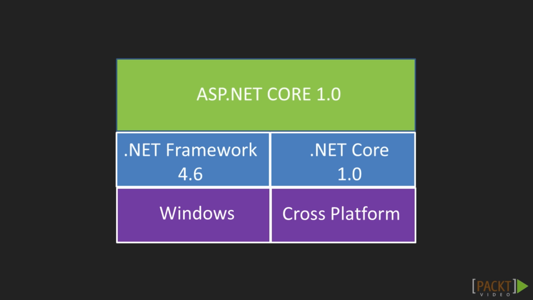ASP.NET Core is a free and open source web framework, and it's really the next generation of ASP.NET that's developed by Microsoft. Now, one of its main features is the fact that it's open source and also cross-platform. There's a lot more to it, but we're going to be focused on the fact that it's cross-platform, and that's what this demo is about.